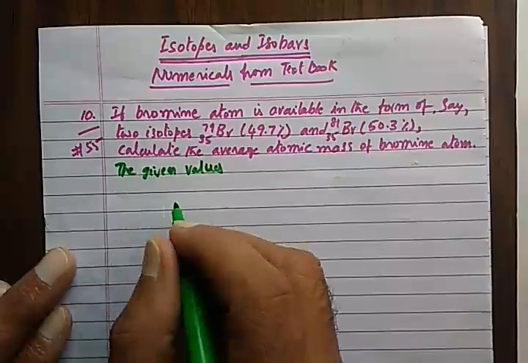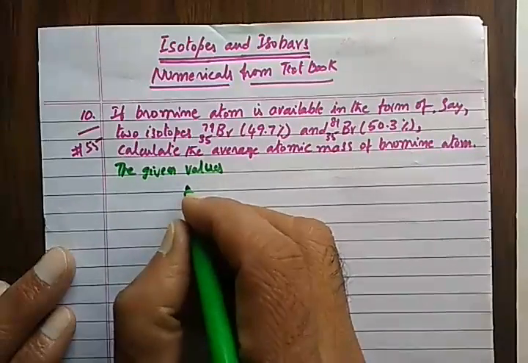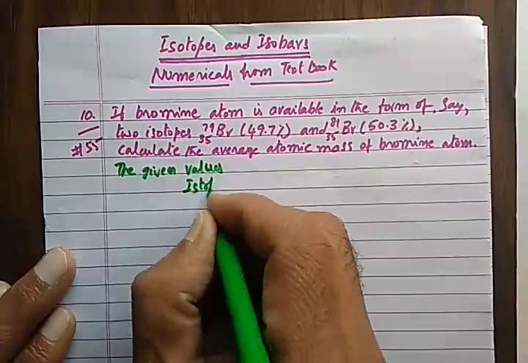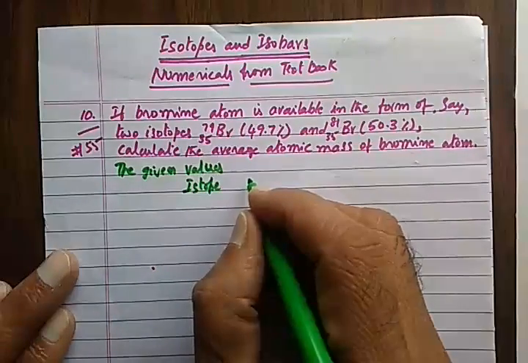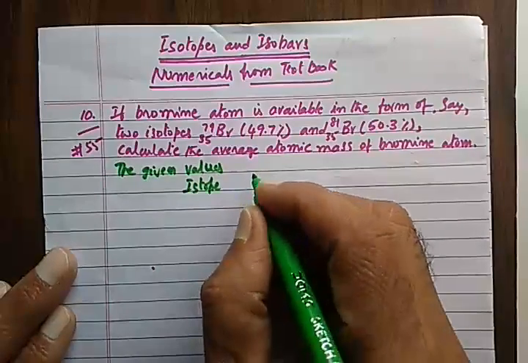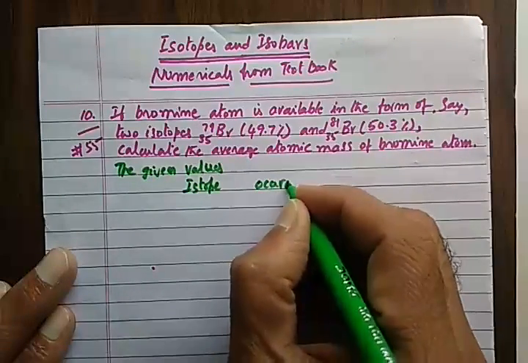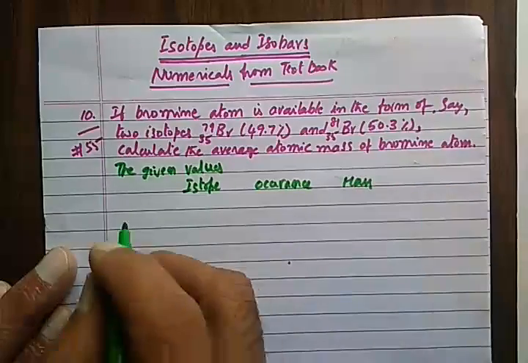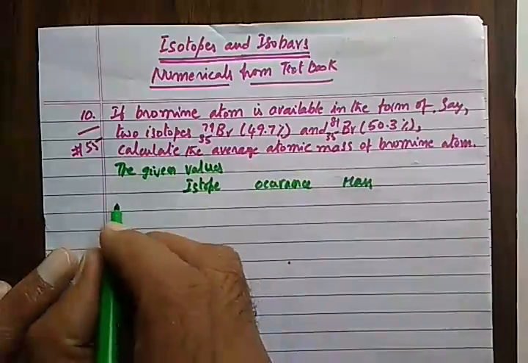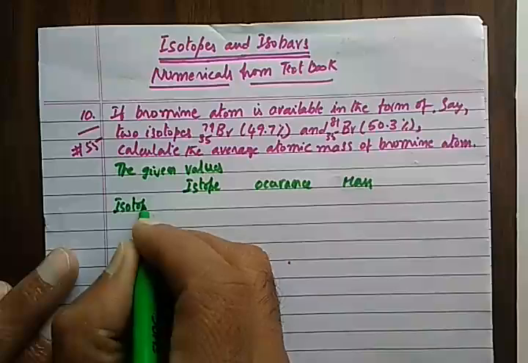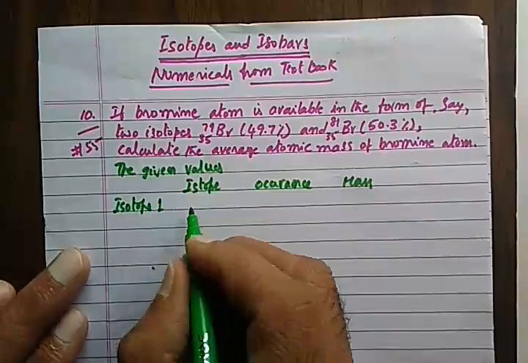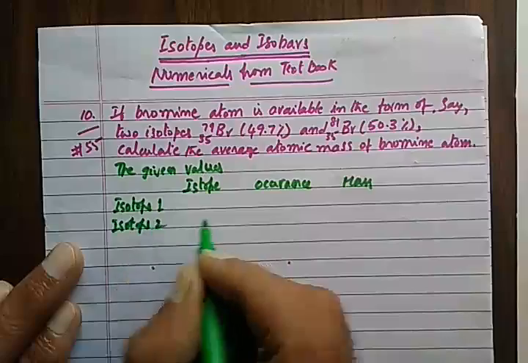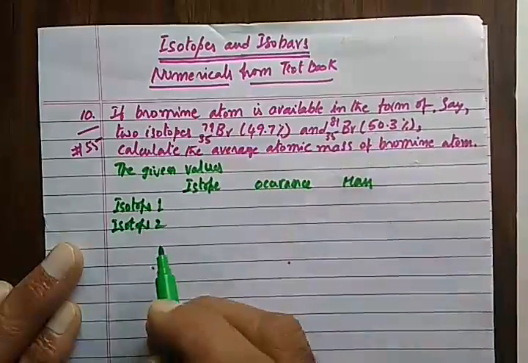So isotope, bromine, everything is bromine, so I write isotope here, occurrence and mass. So I will name the first one as isotope 1, second one as isotope 2.